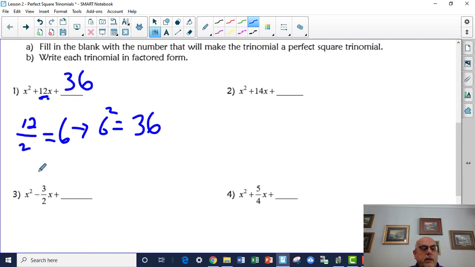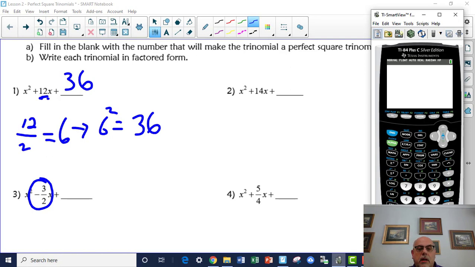Now let's look, what do you do if you get a fraction like that? Well, you're going to go to your calculator, and we're going to go to fraction mode. Alpha y equals 1, negative 3, and 2. Hit enter.